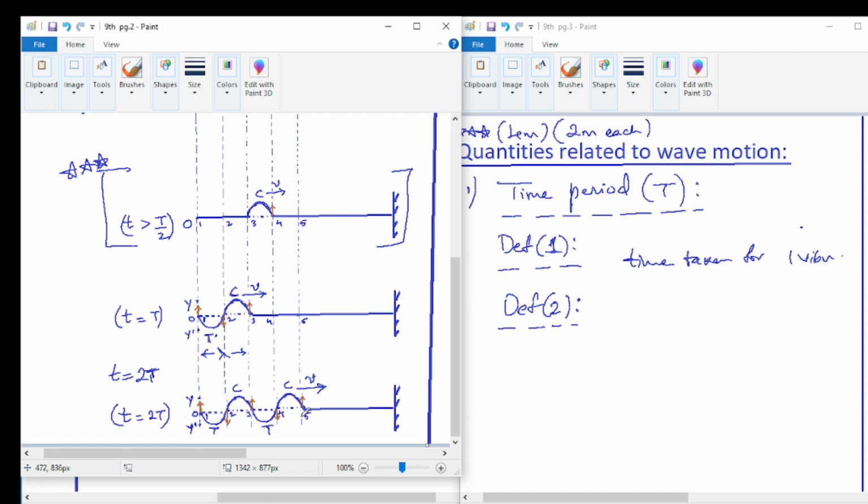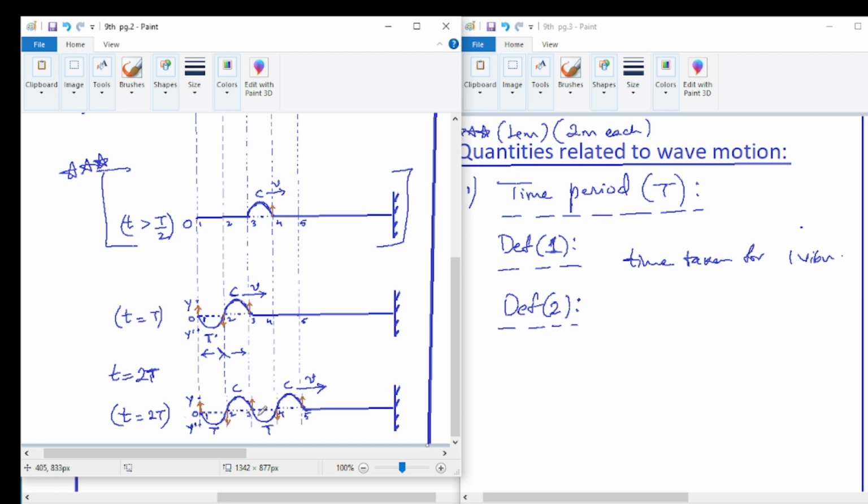Already we have seen this. Just observe here, through particle 3, in the second time period, from t to t plus T, one full wave, crest and trough, already we have seen that it forms one full wave, has passed through the point where particle 3 is present.